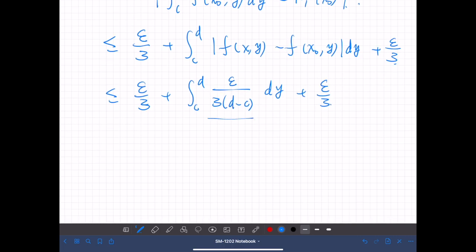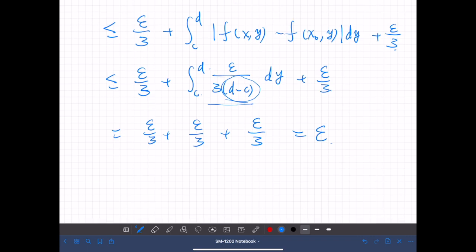But this is a constant, so we have an integration from c to d, so that will cancel this term. So we have this and this, and finally the epsilon.